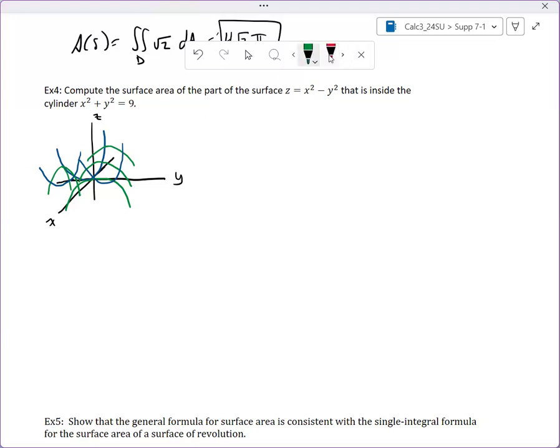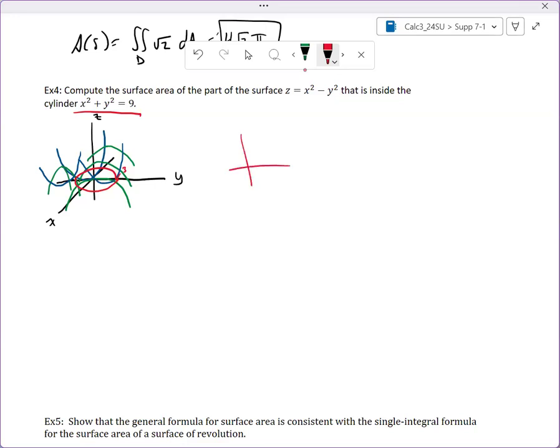And we are interested in the area of this surface that's inside the cylinder, x squared plus y squared equals 9. Or this cylinder of radius 3 that would go up and down, but I'm just going to draw the cross section of it in the xy plane.